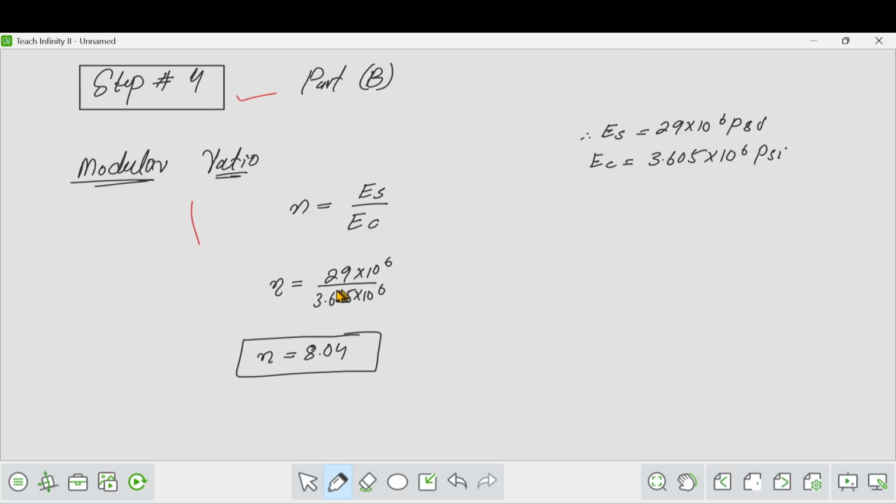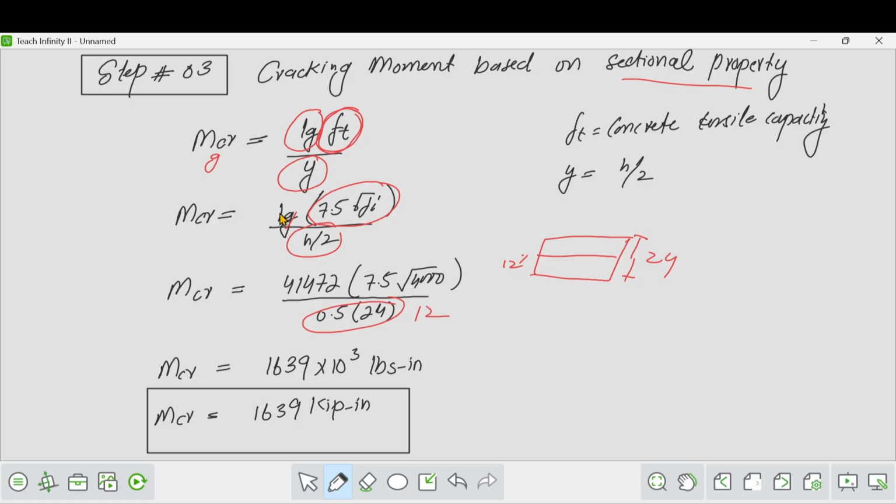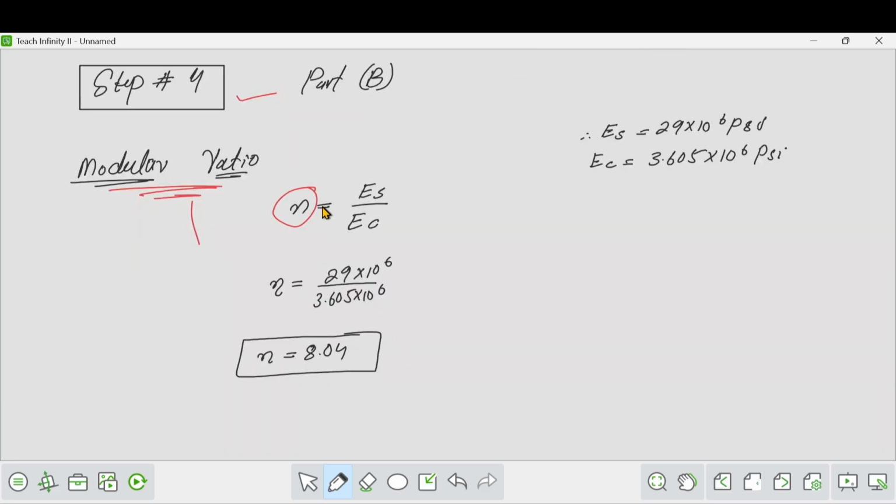In step 4, part B, we will find the modular ratio. I have found the cracking moment based on the gross section. Now I will find the cracking moment based on the transformed sectional property. For the cracking moment of the transformed section, I will first determine the modular ratio n.